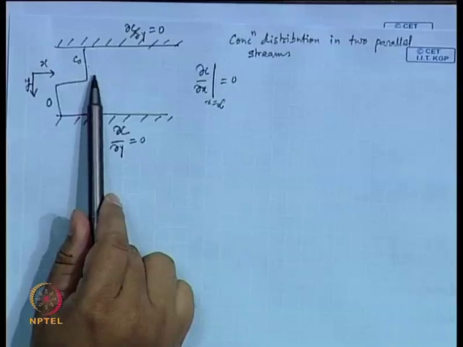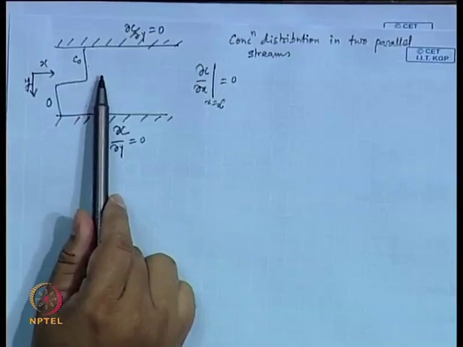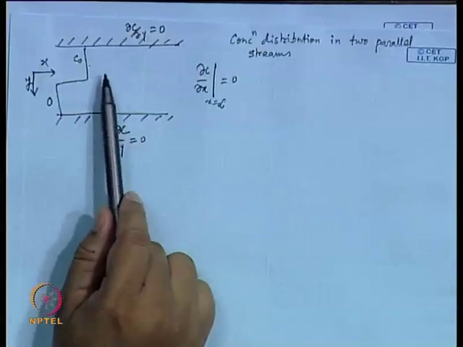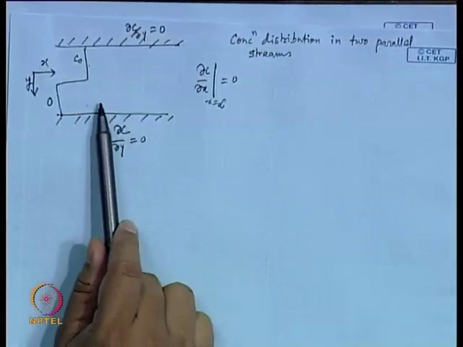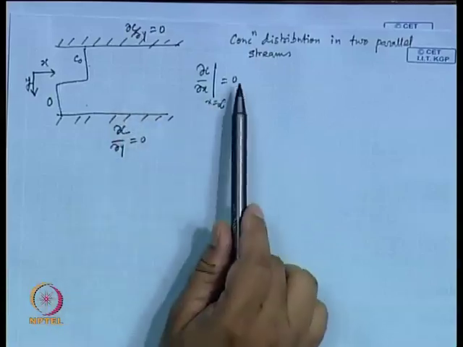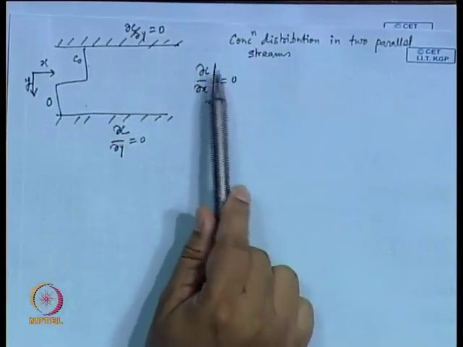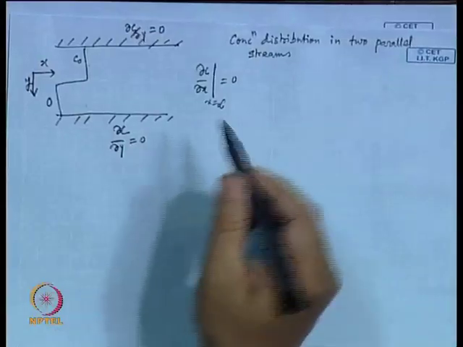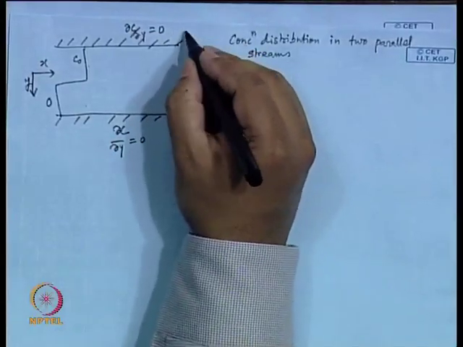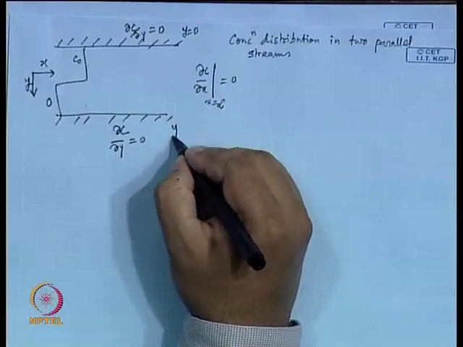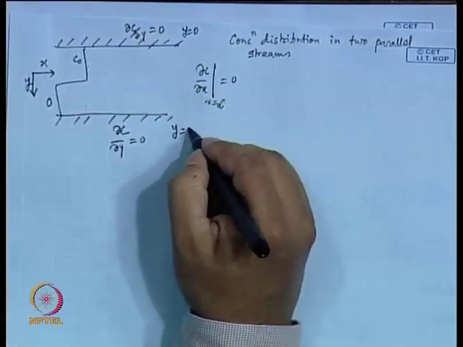If you look at the concentration at this point and at this point, in this half of the stream it would be going down and here it is going up. So, in the x direction concentration is changing, but at infinity you will assume that del C del x is equal to 0. Okay. And this you call y is equal to 0, and let us call it y is equal to w.